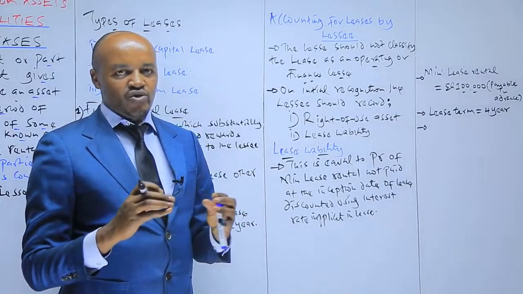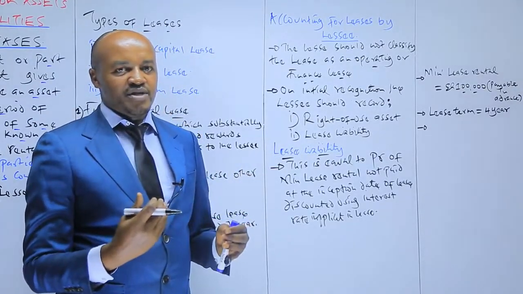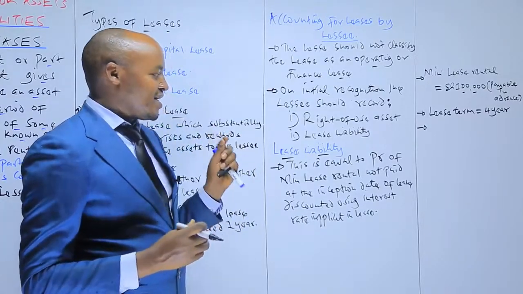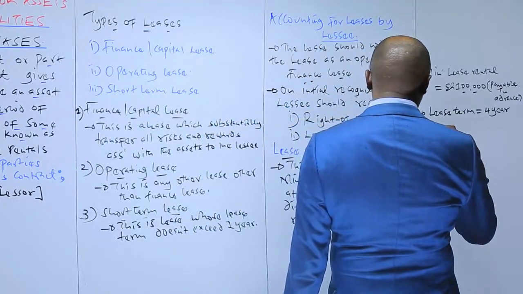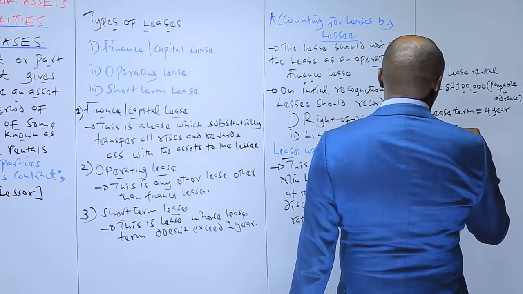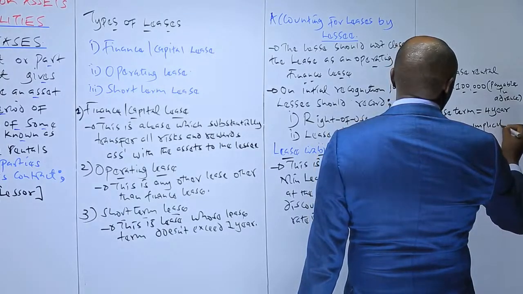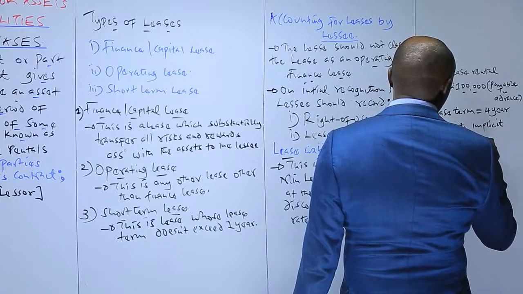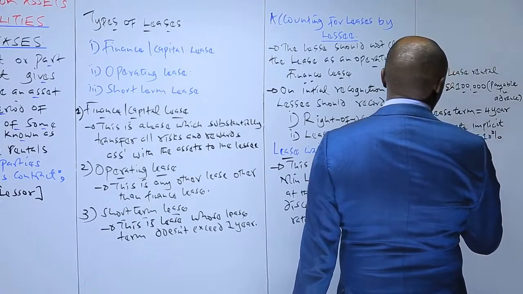This is the rate you should use for discounting, because in getting the present value you must have an R. So R is the interest rate implicit in the lease. Let's assume the interest rate implicit in the lease is maybe 10%.